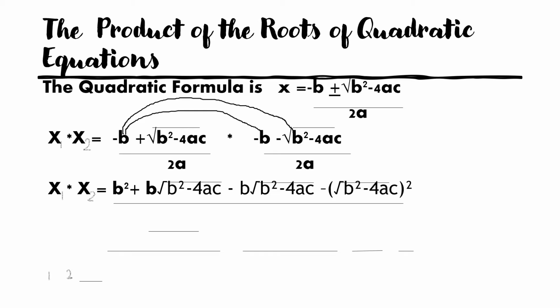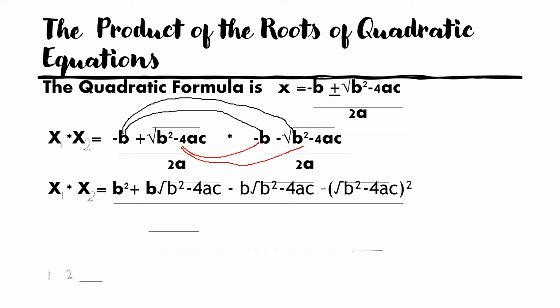Let's proceed now to the last terms, which is square root of b squared minus 4ac times here. So that is negative b, just copy again, square root of b squared minus 4ac. That's it.